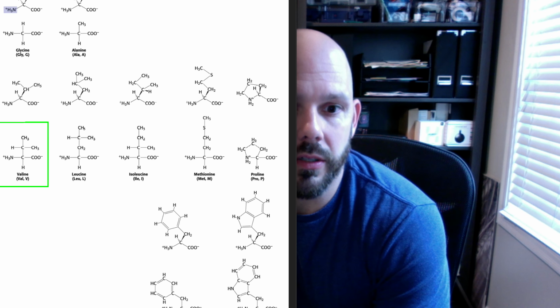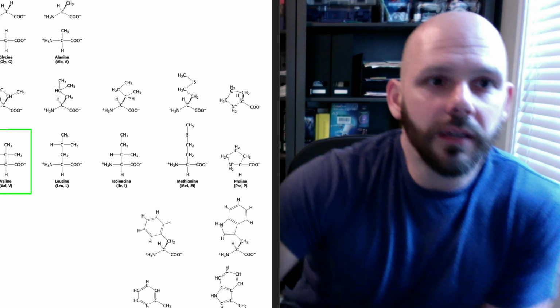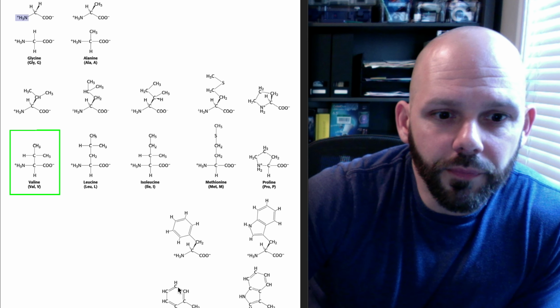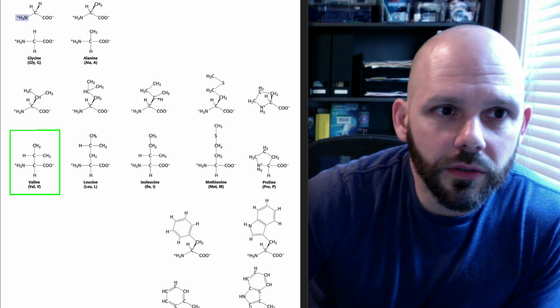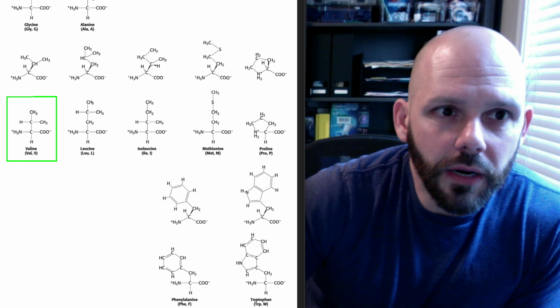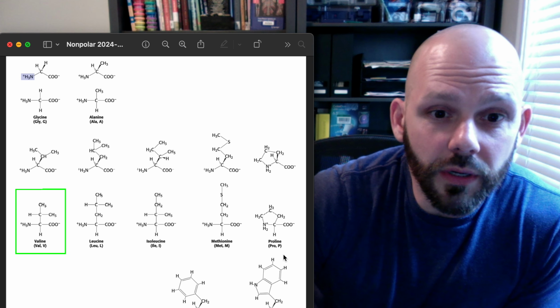All right, and just to further bring home the point here, I brought up all the lists from the book. Here's the non-polar amino acids. Phenylalanine, tryptophan, these are just too large. The aromatics down here. And so I think we're really left with the smaller ones.